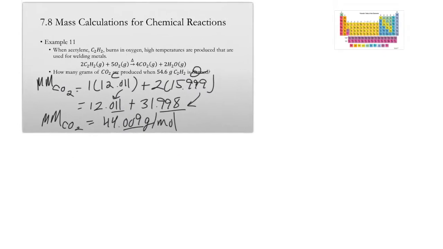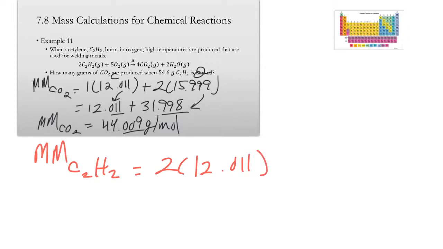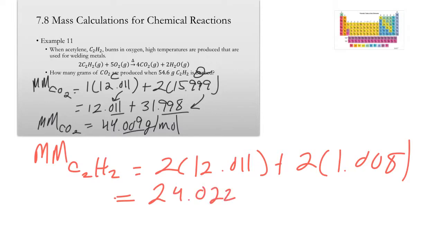All right, the next one we need the molar mass for is acetylene. So the molar mass of C2H2 is equal to 2 times 12.011 plus 2 times 1.008 grams per mole, and we get 24.022 plus 2.016 grams per mole.